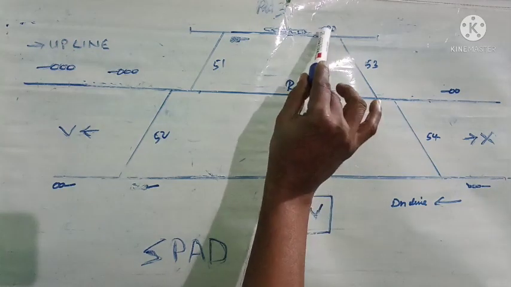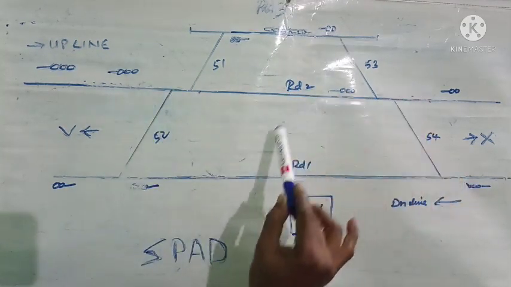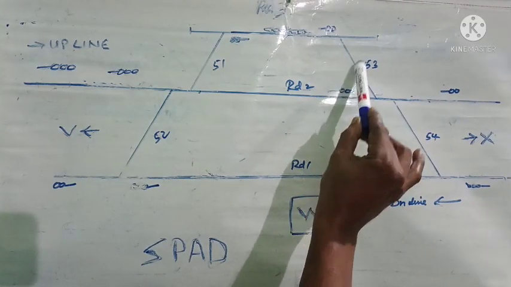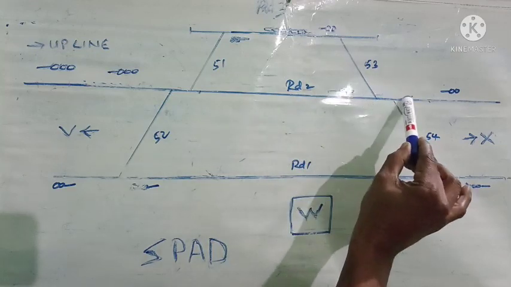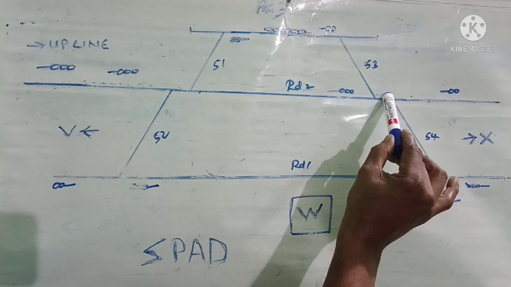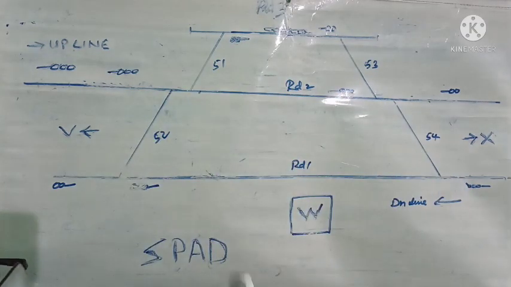Of course, he might have put back this signal to send a train through road 2. In that case, this point is to be normalized. The point is already set for this line, that is, it is in reverse condition. Now it is to be normalized to run through a train like this.